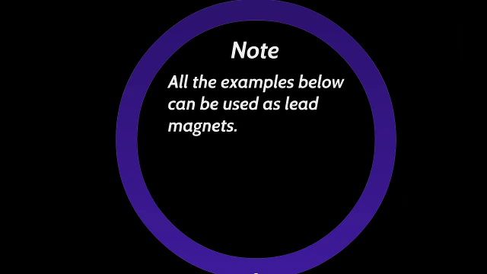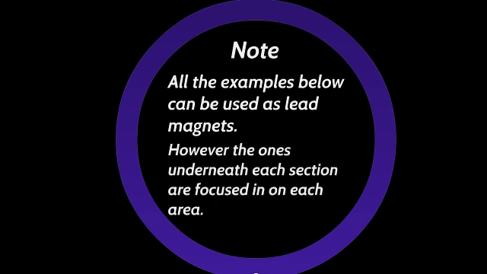Now, all the examples below can be used as lead magnets. However, the ones I'm going to talk about in future videos underneath each sectional video are going to be focused on each area. I'm going to talk about different types of mediums, audio courses, software, and different examples that you can just go ahead and use right away, so that you don't have to really think.